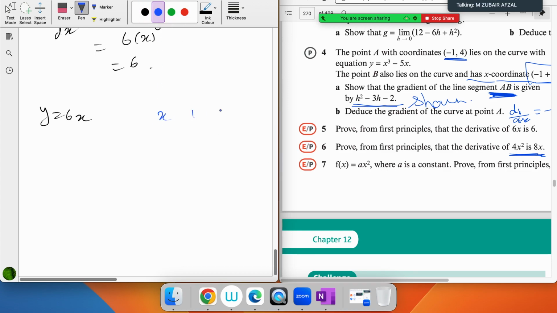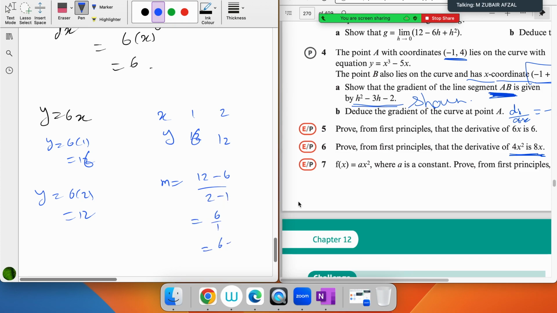Let's say x is 1 and x is 2. So when x is 1, y is 6, and when x is 2, y is 12. So gradient is y2 minus y1 over x2 minus x1, which is again 6. That is a straight line.